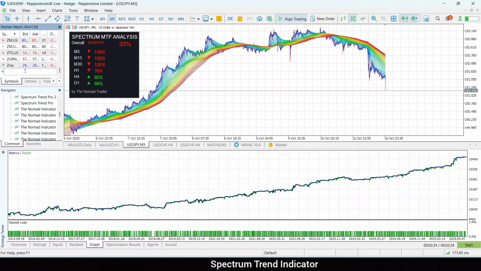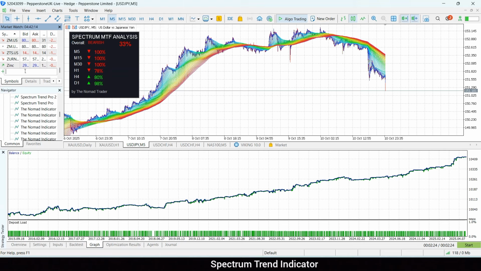So the second reason to use this indicator is to know when not to trade, which I think is more important than actually taking a trade. Because if you are taking trades randomly, you're not going to win money overall.